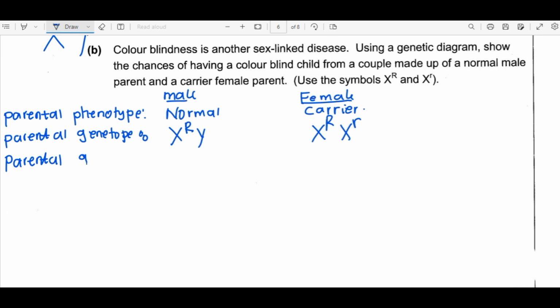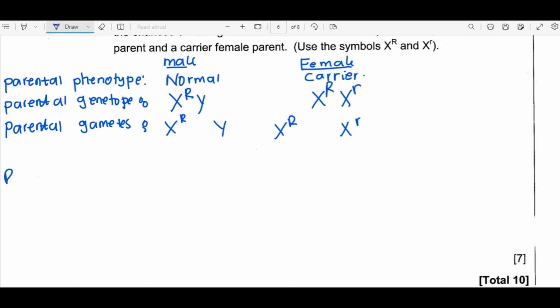Parental gametes. For gametes, we just have to split these. Then here we have random fertilization.